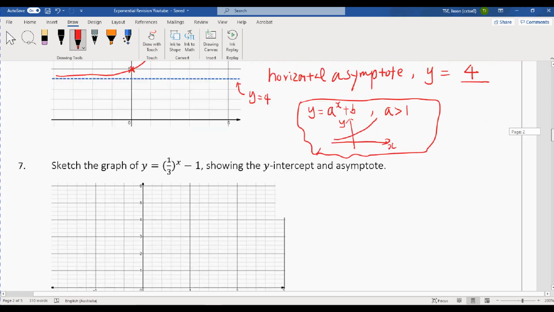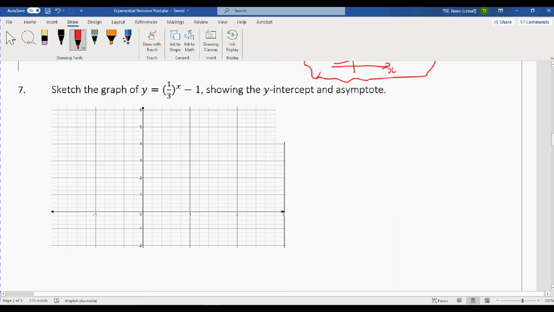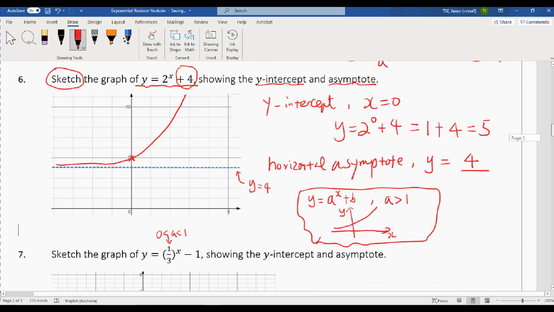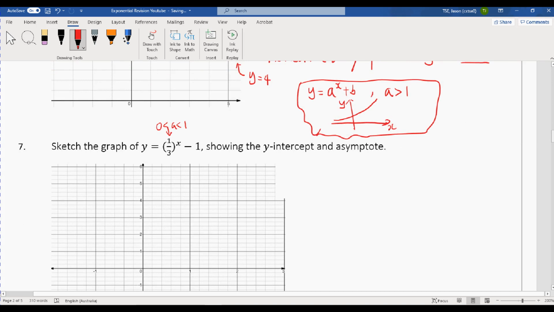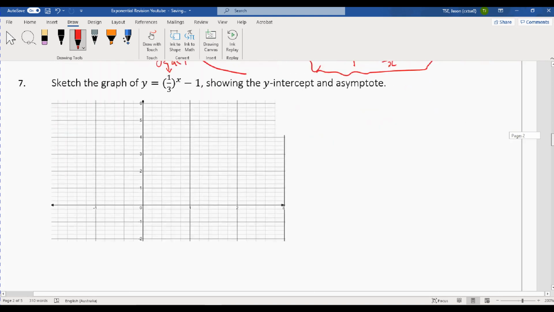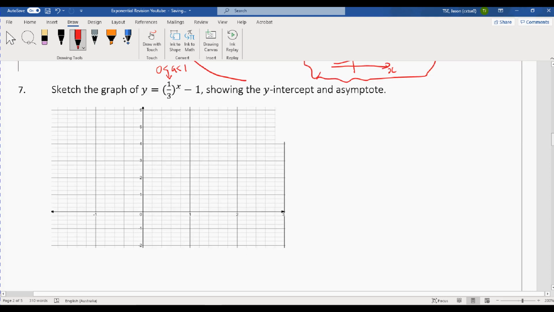So let's have another question. Sketch the graph for this one. So this time you see this a is less than 1 but greater than 0. So you will expect to see a completely opposite graph. This time you see a declining graph like this. But anyway, let's find the y-intercept first.